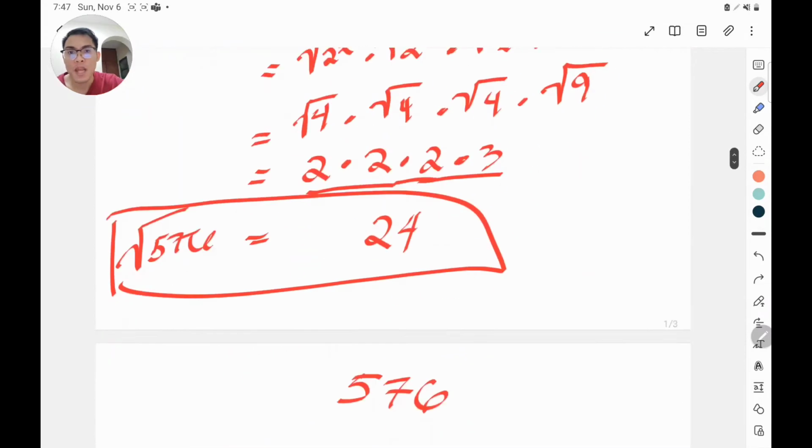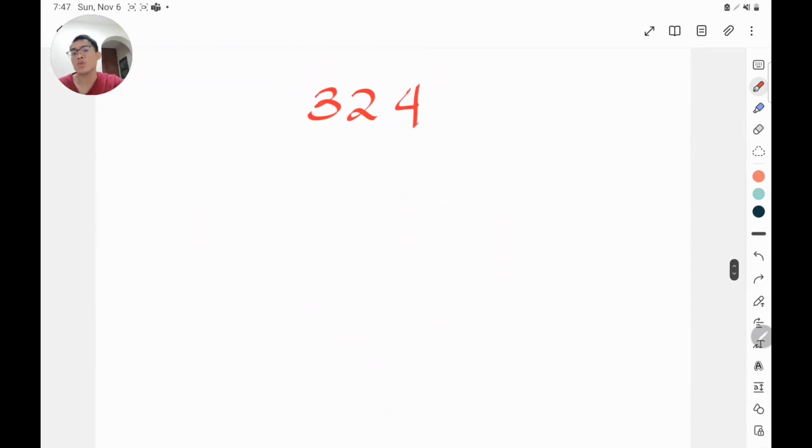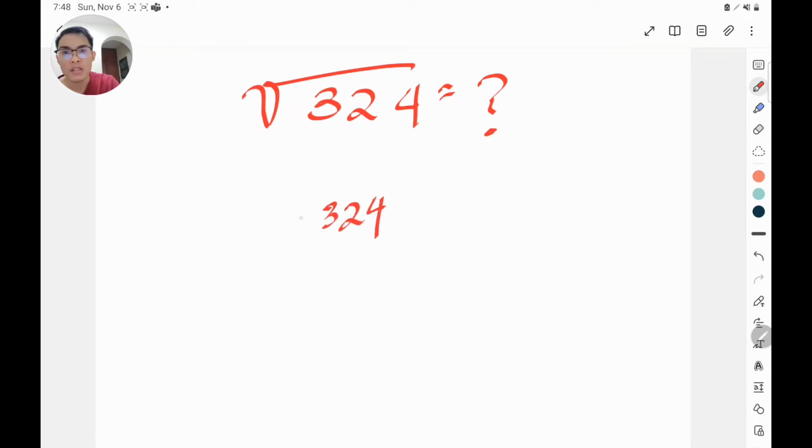All right. How about 324? Let's find the square root of 324 using the prime factorization method. And of course, the first thing that we need to do, since 324 is an even number, is start dividing 324 by the smallest prime number that we can think of, which is 2.